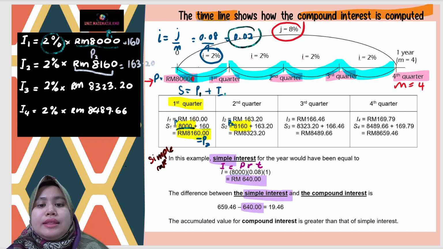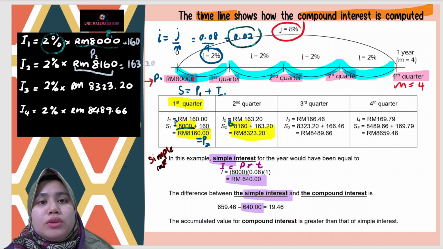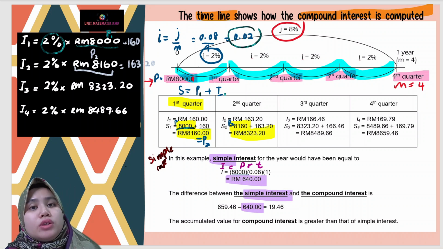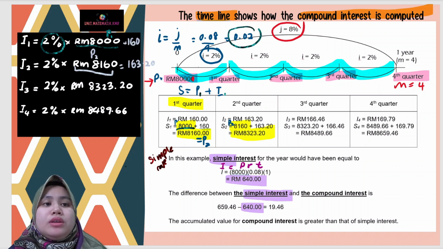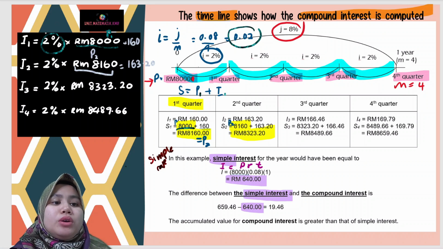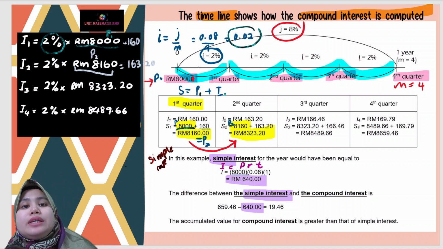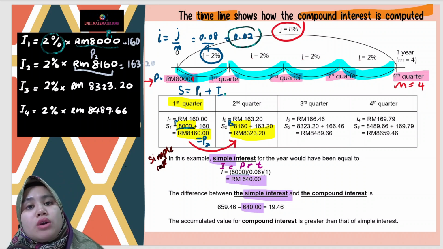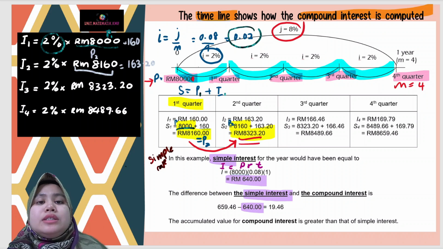That is your compound interest. To find your S, just add both of them, so the total money for your second quarter is 8,323 ringgit 20. Actually your money from the first quarter is included in the second quarter because it is compound. So the total money you have is about 8,300 there.